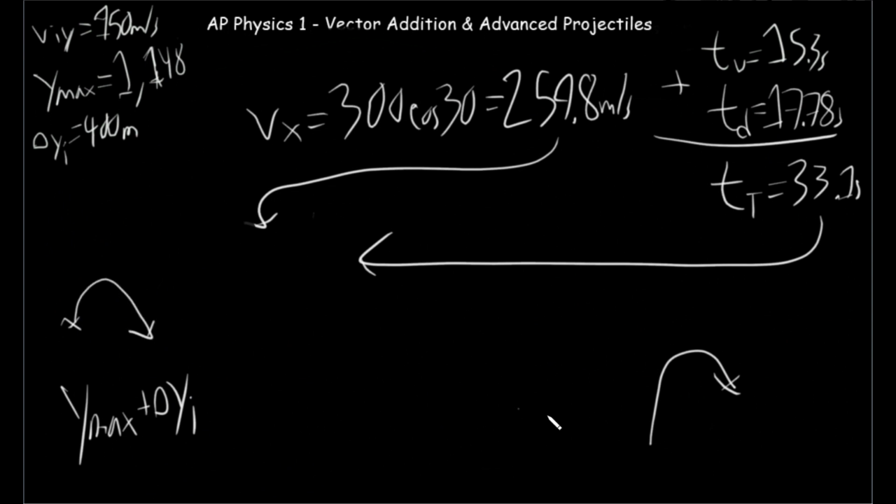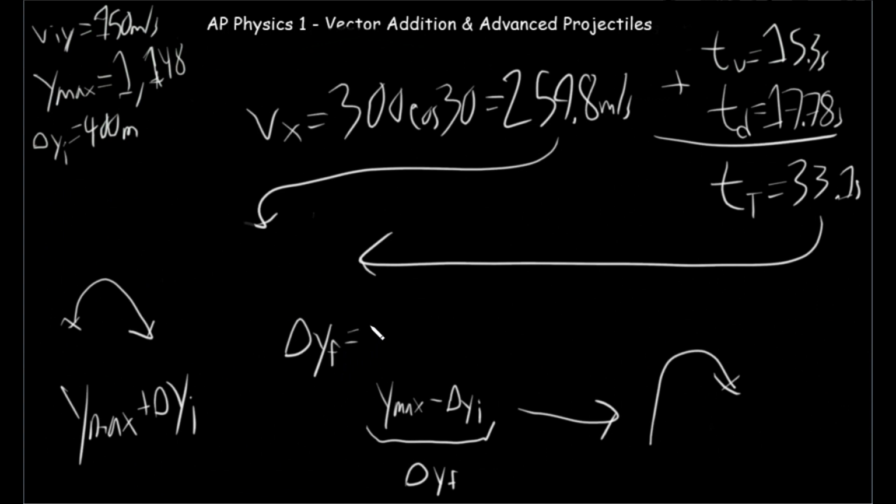Well, in this type of situation, you're gonna want to do y max minus delta y initial, and by doing this, you would get delta yf, and then you would basically just do everything we did. Everything we just did, you would just put into here.